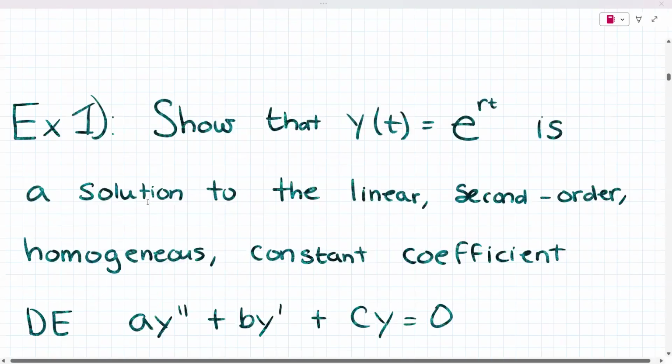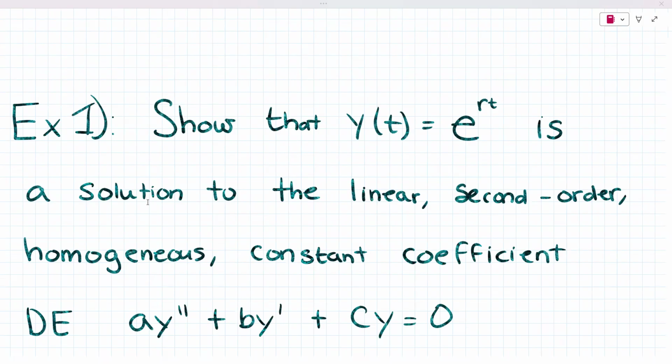Okay, let's do an example. So this one is kind of like a proof. We have to show that y of t equals e raised to the rt is a solution to the linear second order homogeneous constant coefficient differential equation.